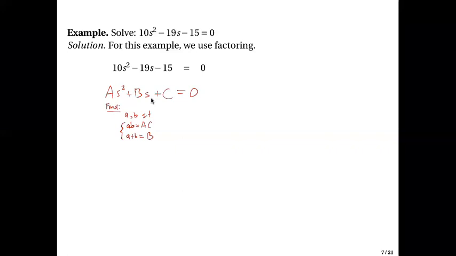And the method that I discussed just before doing the first example: find R1, R2 such that R1 times R2 is equal to C over A, and then R1 plus R2 equals negative B over A. So it's the same thing, very much similar.